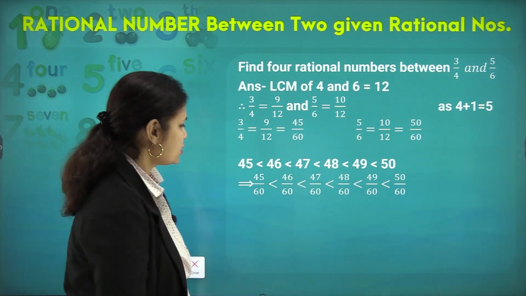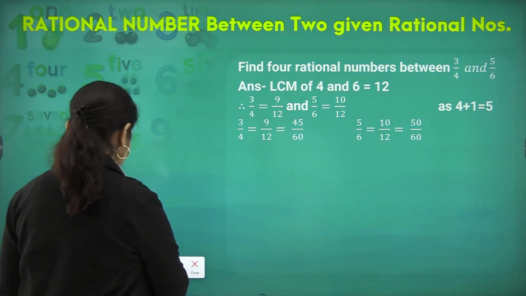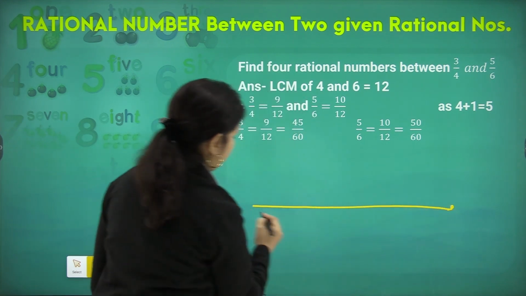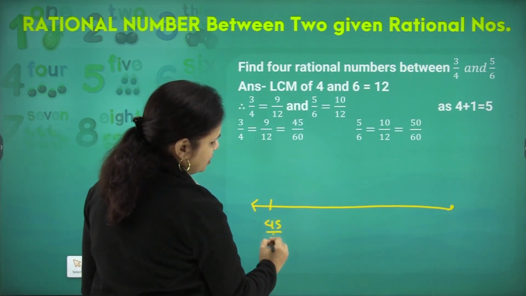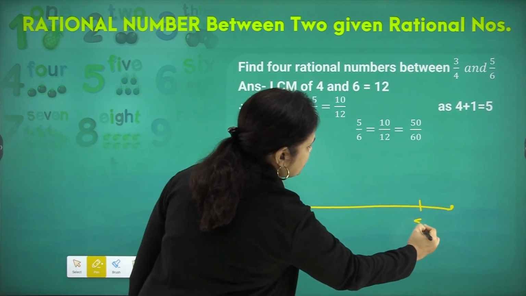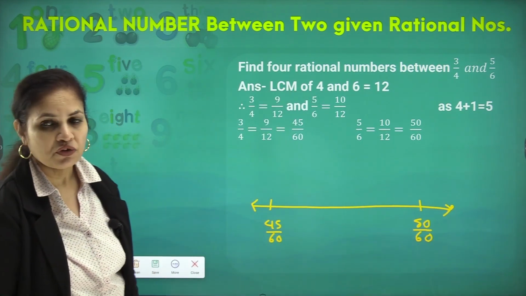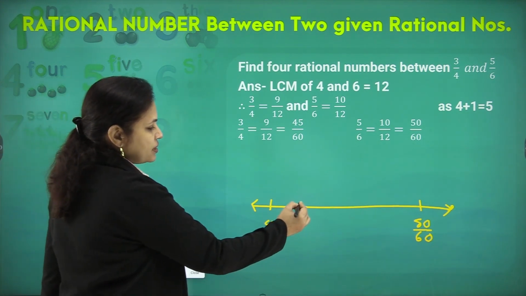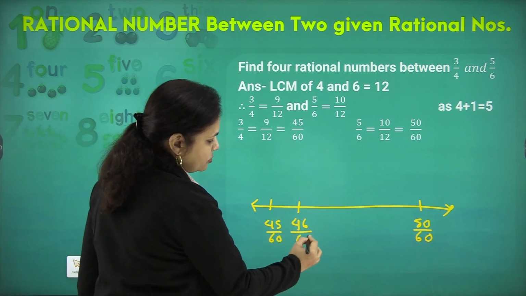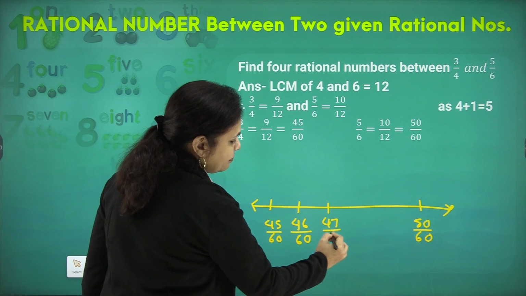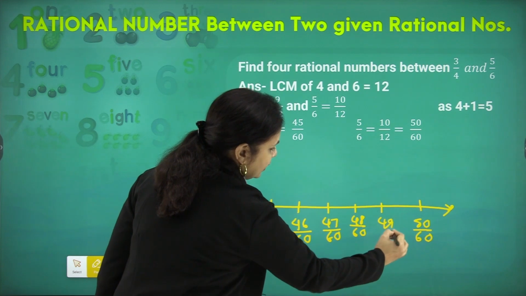Again, suppose I represent this on a number line, my first value is 45 upon 60, the last value is 50 upon 60, and if I have to insert 4 rational numbers, the first can be immediately after 45 upon 60, I can have 46 upon 60, then 47 upon 60, then 48 upon 60, then 49 upon 60.